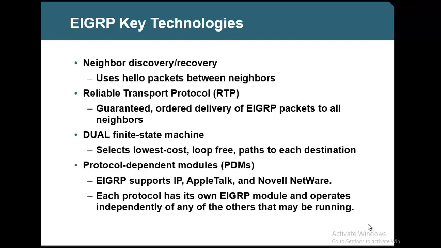Next is the DUAL, Diffusing Update Algorithm. About this, we are going to see more in this session. What it does is, it takes responsibility for picking the low cost path.